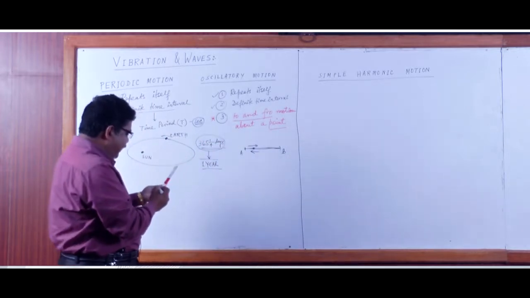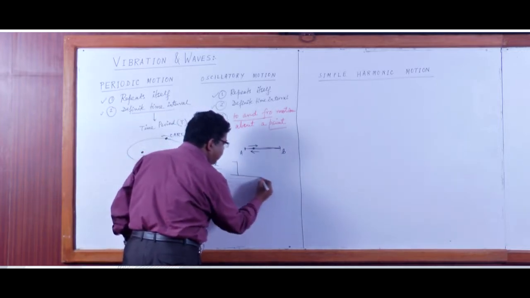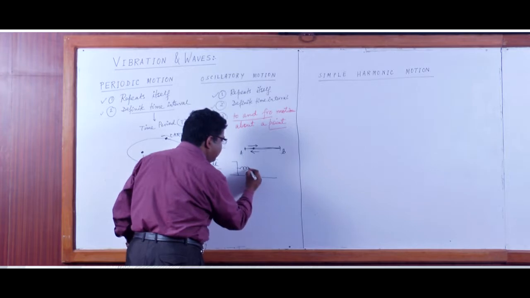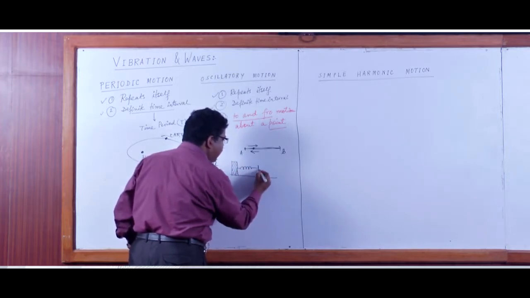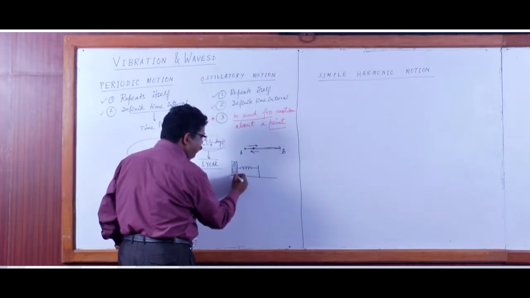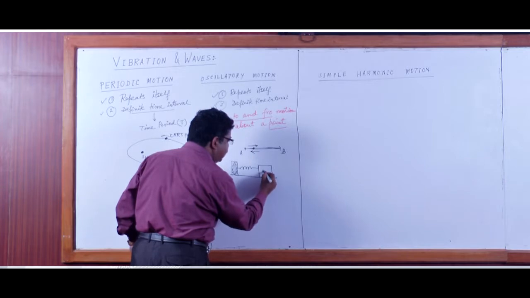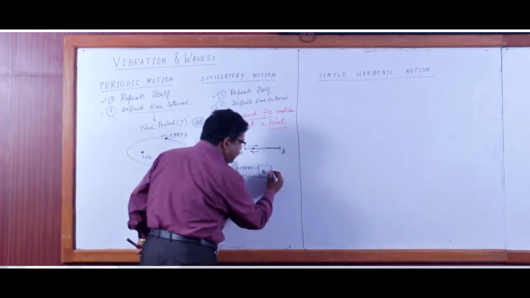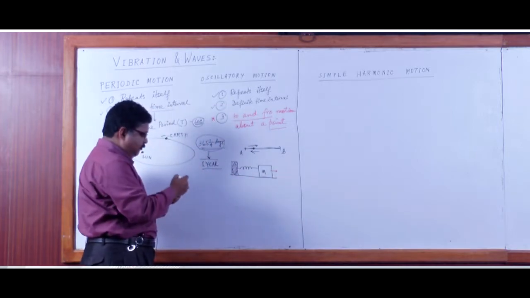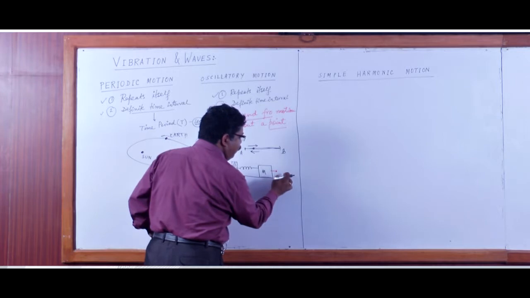We can take a very simple example. Say we have a structure like this, where there is a spring connected to a support, and here we have an object. This is a rigid support fixed to the base, and we have one object here of mass m. So what we do? We pull it along the length. So the body might move up to here.